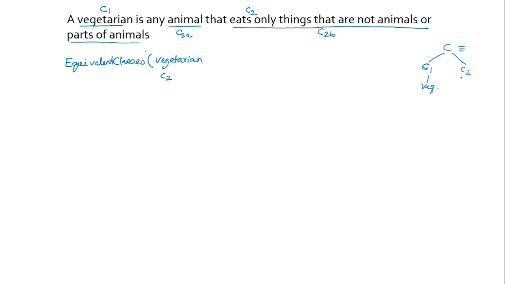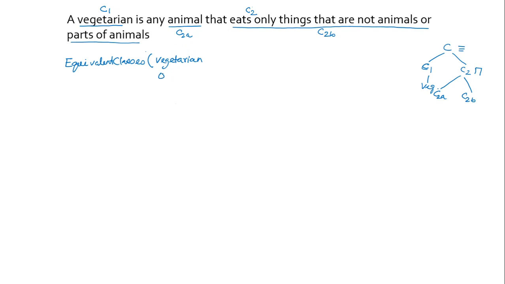So we are disintegrating C2 as C2A and C2B, and it will be an intersection.